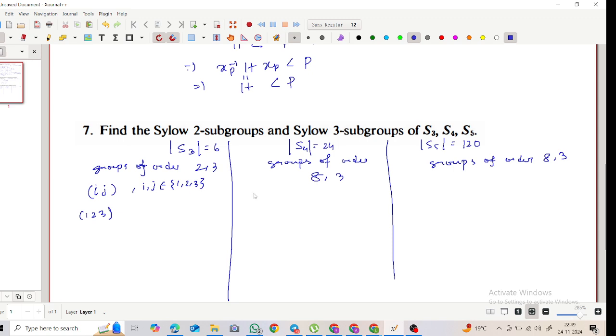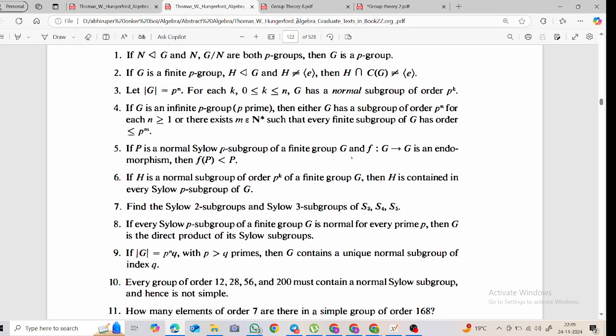What about this? This is generated by (ijk), Sylow 3 subgroup, where i, j, k belong to {1, 2, 3, 4}. What about the subgroup of order 8? What is that?